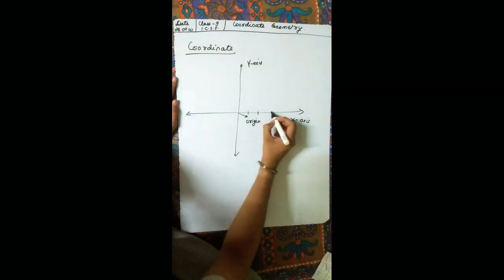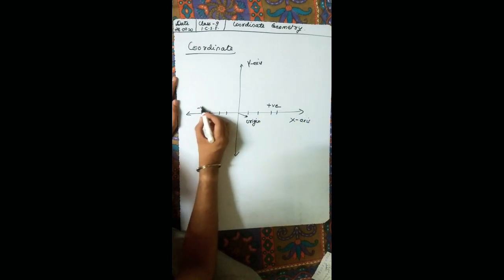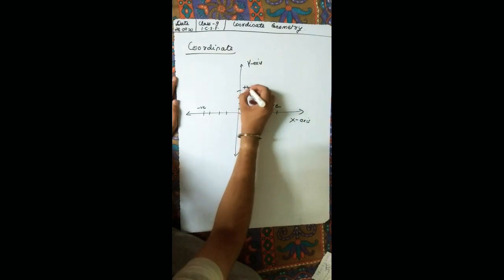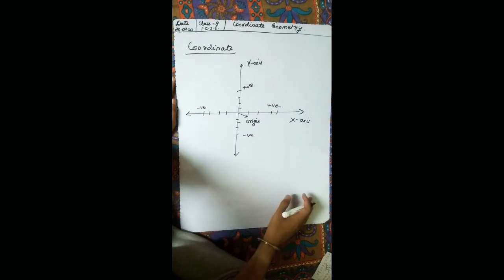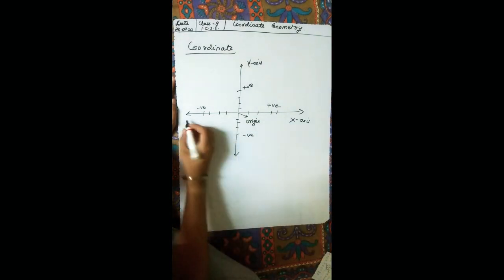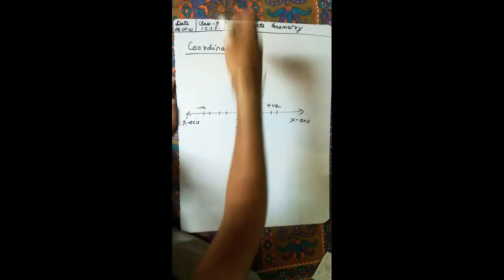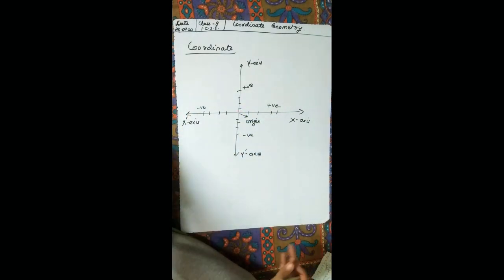Here will be all the positive values, and here the negative values. Here is the positive side of the y-axis, and here the negative side of the y-axis. This is the x-axis, and this whole line is the y-axis.